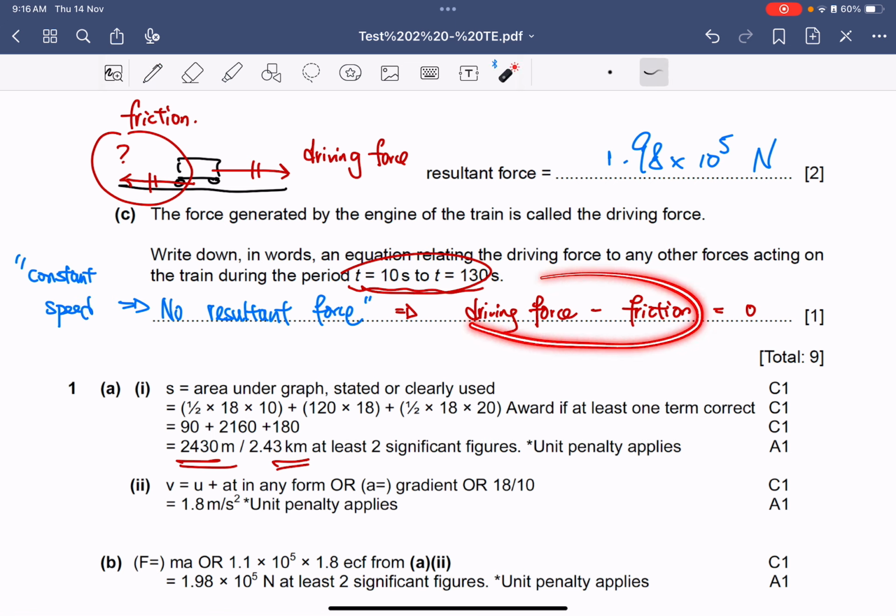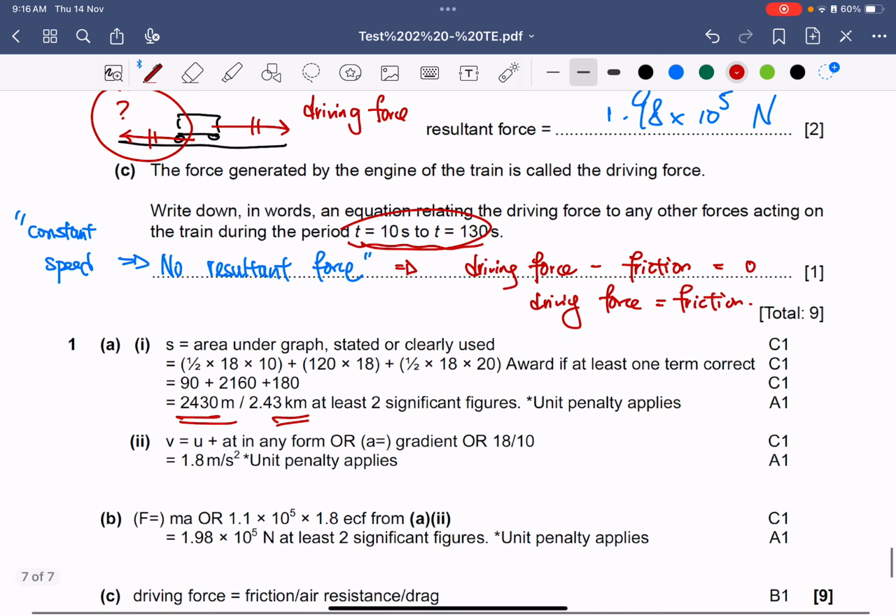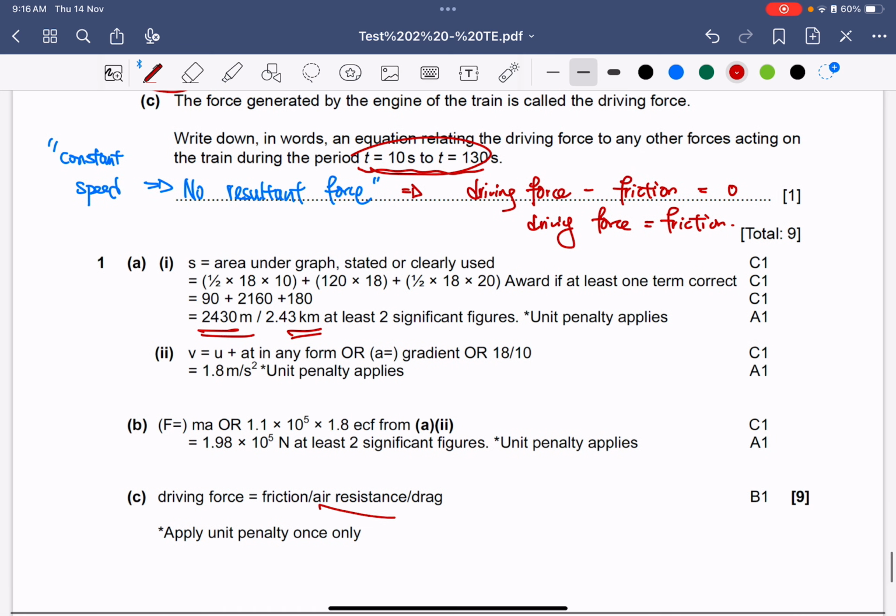Therefore, the resultant force has to be 0. It's minus because they're in opposite direction. So therefore, the driving force is equal to friction. You can use the term air resistance, drag, that's also okay.